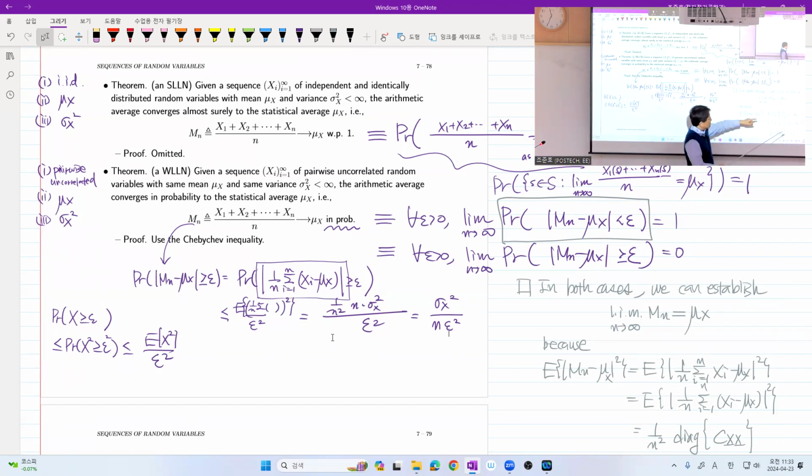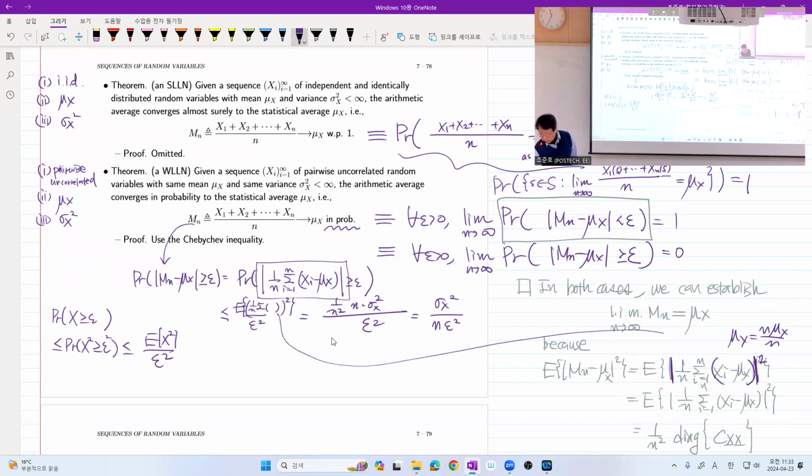And as we did, we can use the same trick. Because mu sub x equals n mu sub x divided by n, this can be written in that form. Okay, so we have the same thing again.